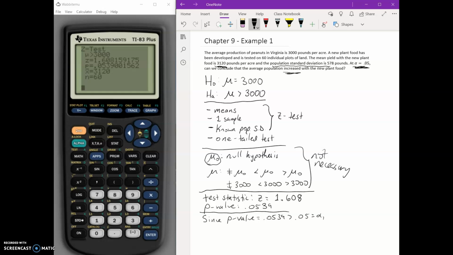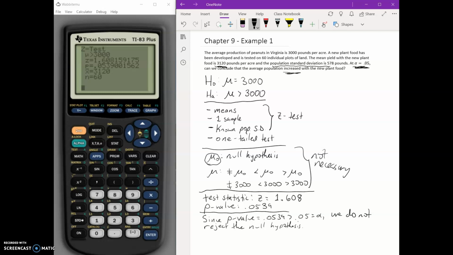So remember, super tiny p-values say that I'm very convinced something's going on. That means that I'm going to reject the null hypothesis. So we do not have a super tiny one that's less than alpha. So if the p-value is larger than alpha, we do not reject the null hypothesis.